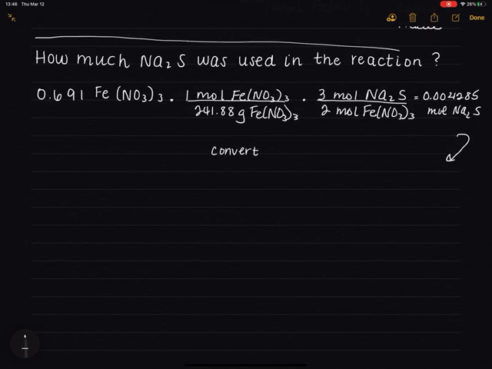So we can use that to figure out how many moles of our sodium sulfide was used. Does that make sense? Everybody still with me that far? I will take crickets as a yes.